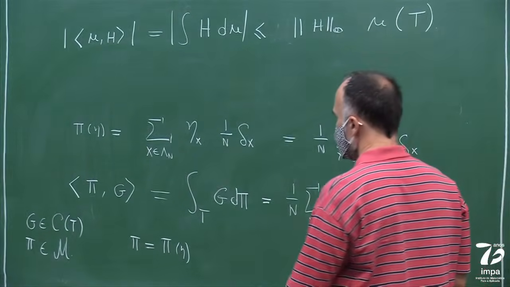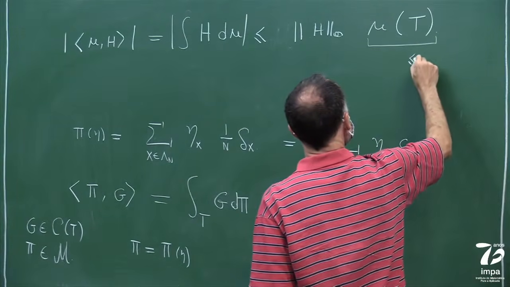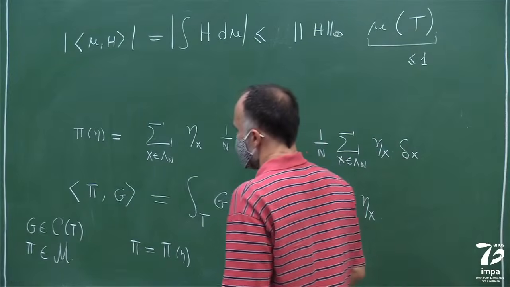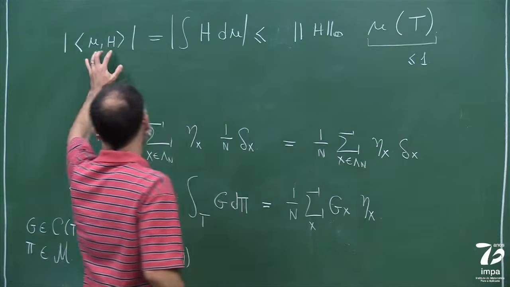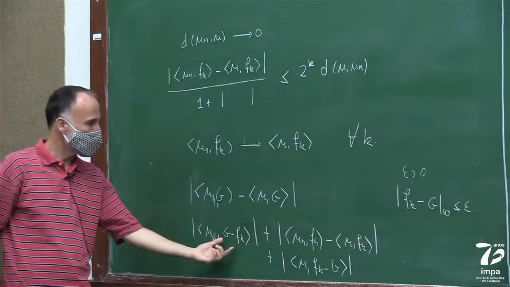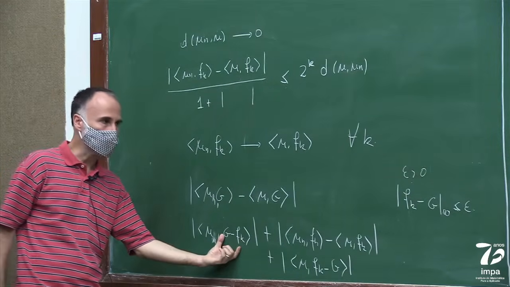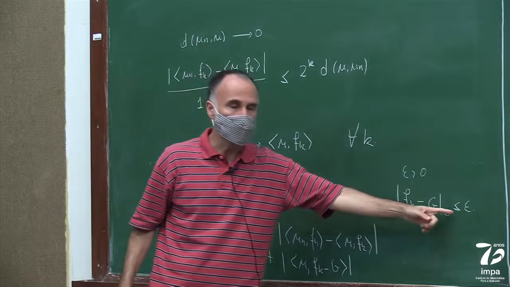But M is the space of measures for which this is bounded by 1. Therefore, I can always bound this integral just by the L infinity norm of h. So if I go back here, I can bound this first term by the L infinity norm of g minus f_k, but this is bounded by epsilon.